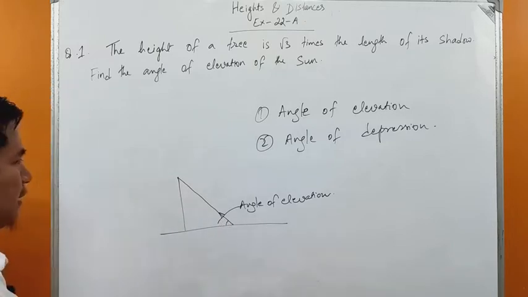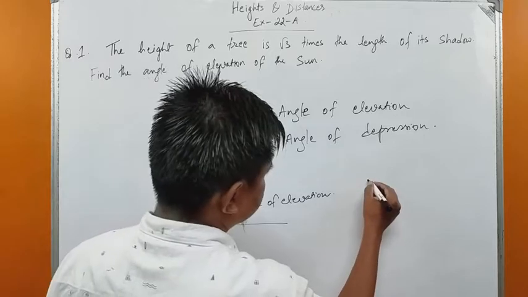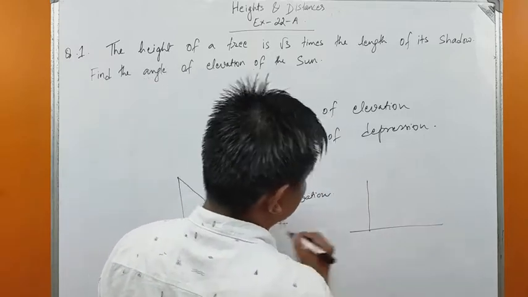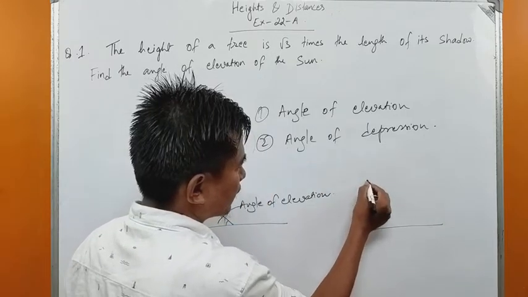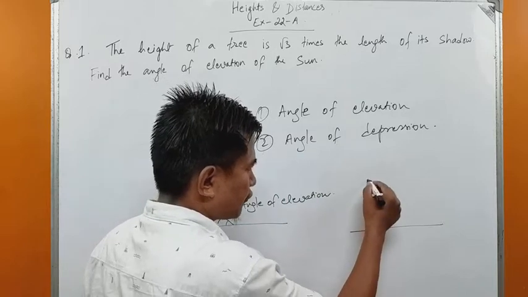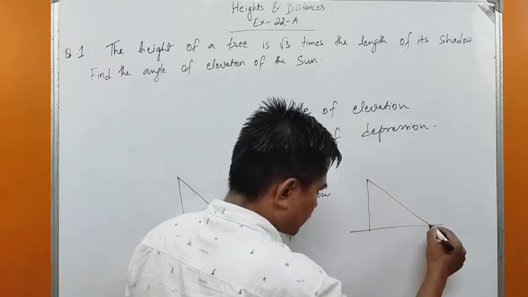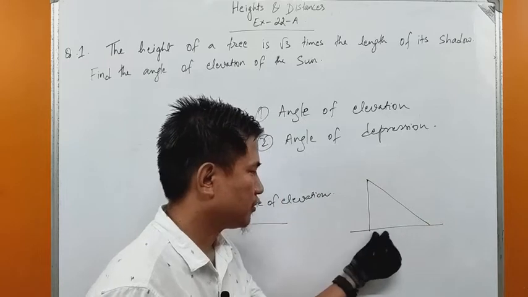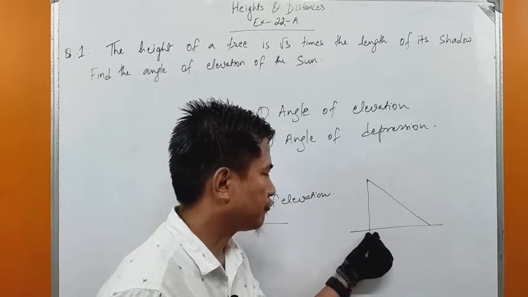angle of elevation. And angle of depression is, suppose this is a tower, and you are here at the top, and you look at the ground which is in a line to the foot of the tower.